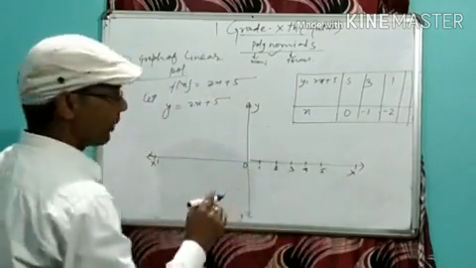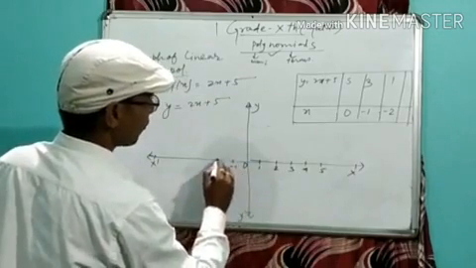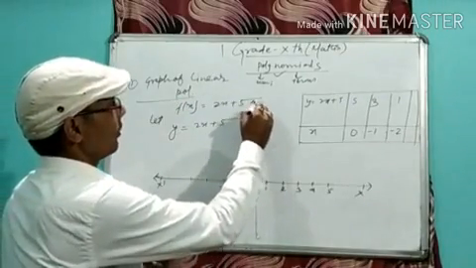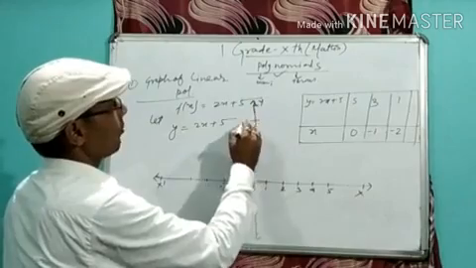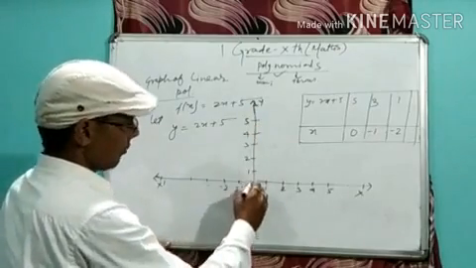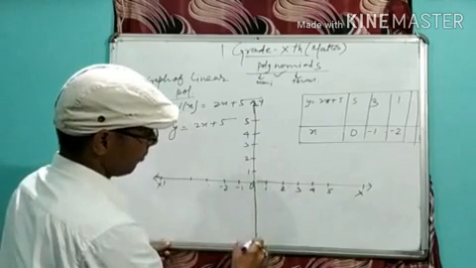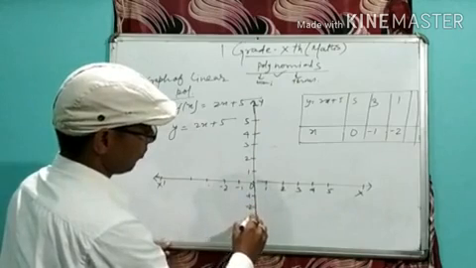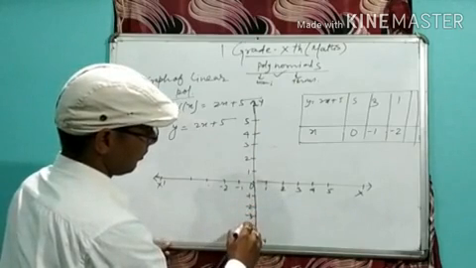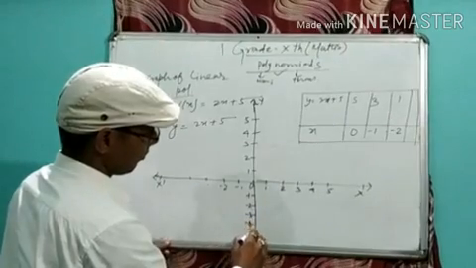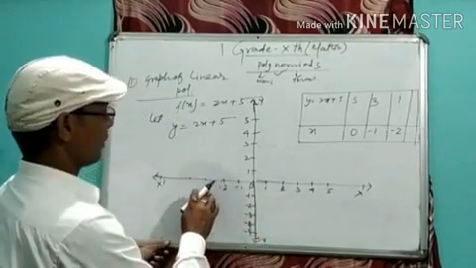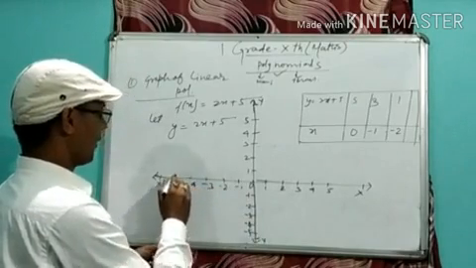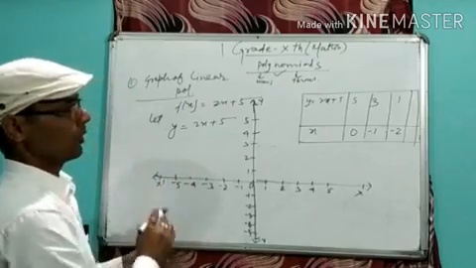It should be on graph paper. You will try your best. This is the y-axis, and 5. We will write on the axes minus 1, minus 2, minus 3, minus 4 and minus 5.